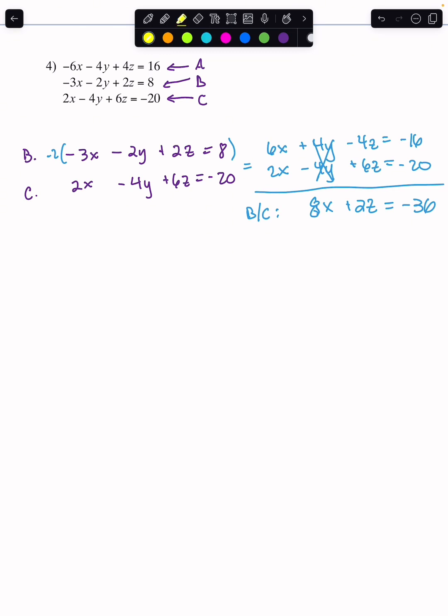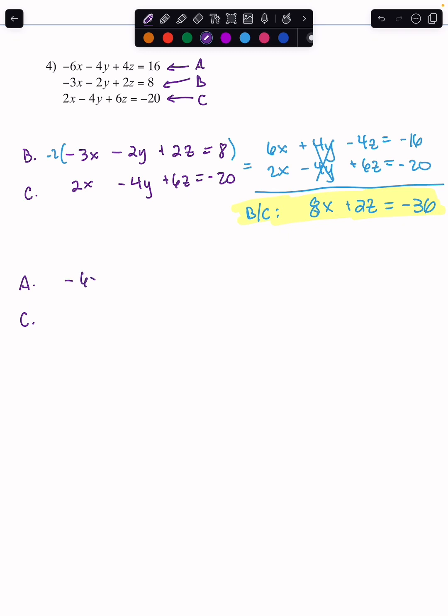Let's try A and C. A is negative 6x minus 4y plus 4z equals 16.